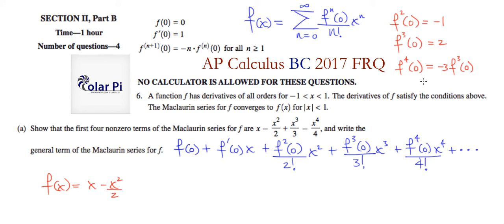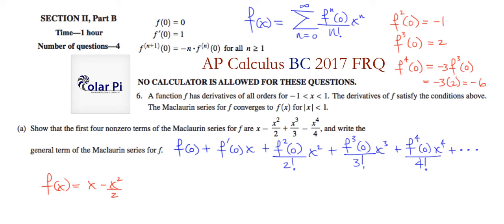So this is going to say -3 times 2, or -6. So the fourth derivative at 0 is -6, right? Okay, cool. So we've got everything we need now.